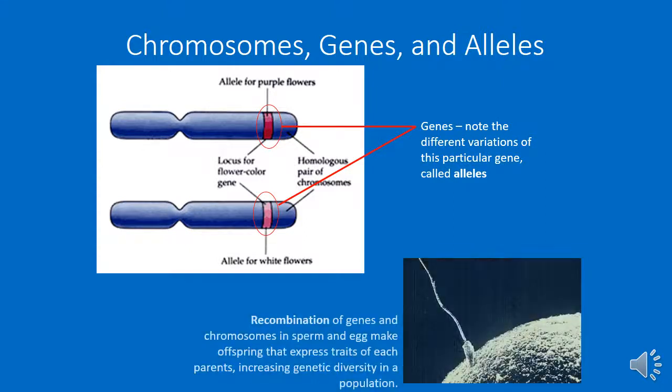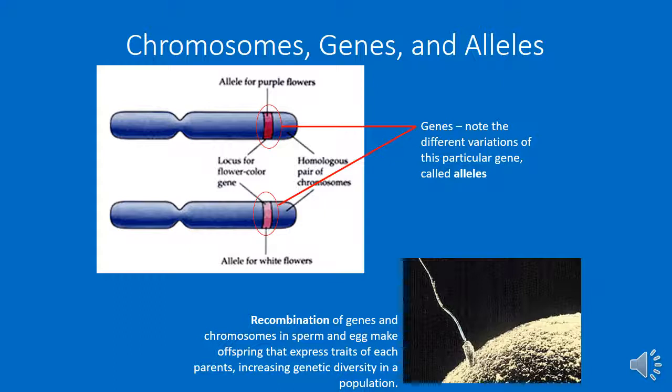And so this interesting thing about sexually reproducing organisms is that we do this thing called recombination. Every time we reproduce, we do recombination of genes and chromosomes. When the sperm and egg unite, if you're male, your sperm has half your DNA. If you're female, your eggs have half your DNA.